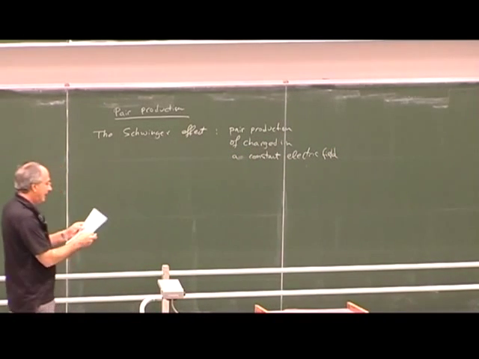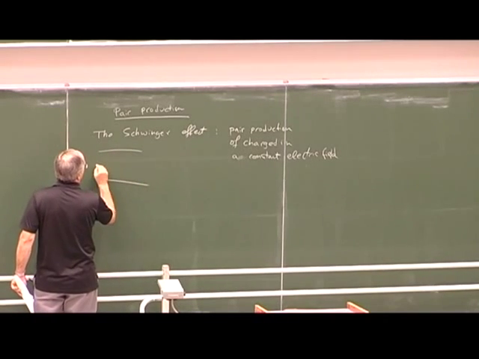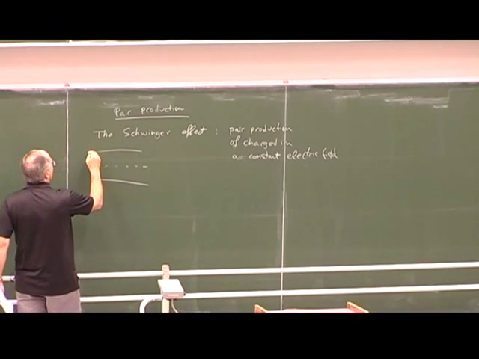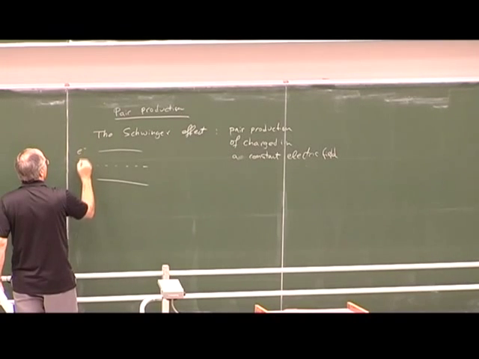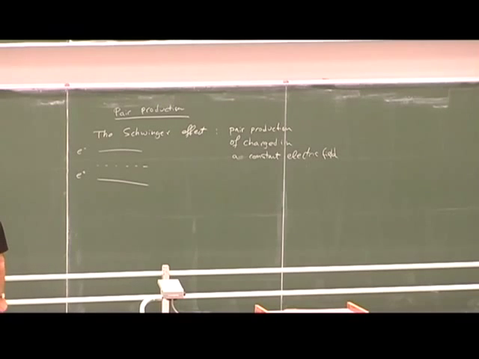Okay, and the idea is very simple. We think about the pairs, let's say electron, as two levels. One is a negative energy particle, a hole, and a positive energy particle.